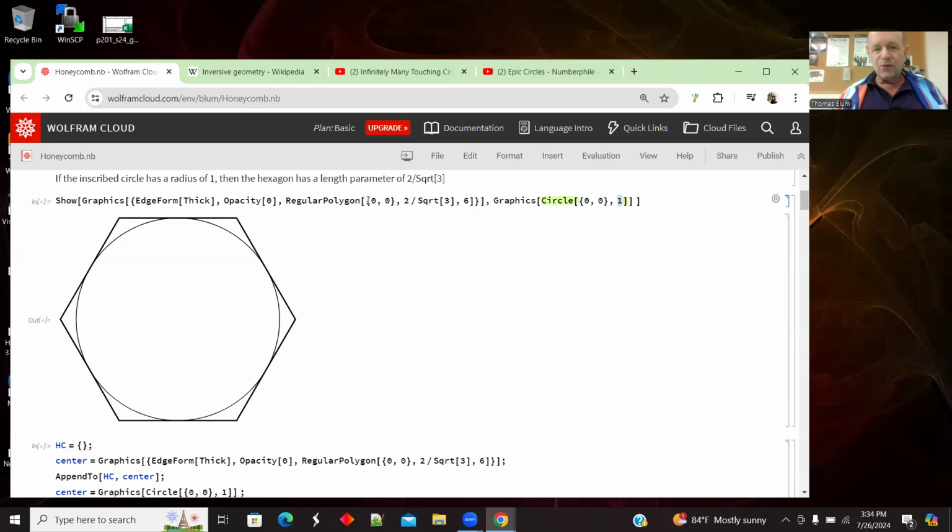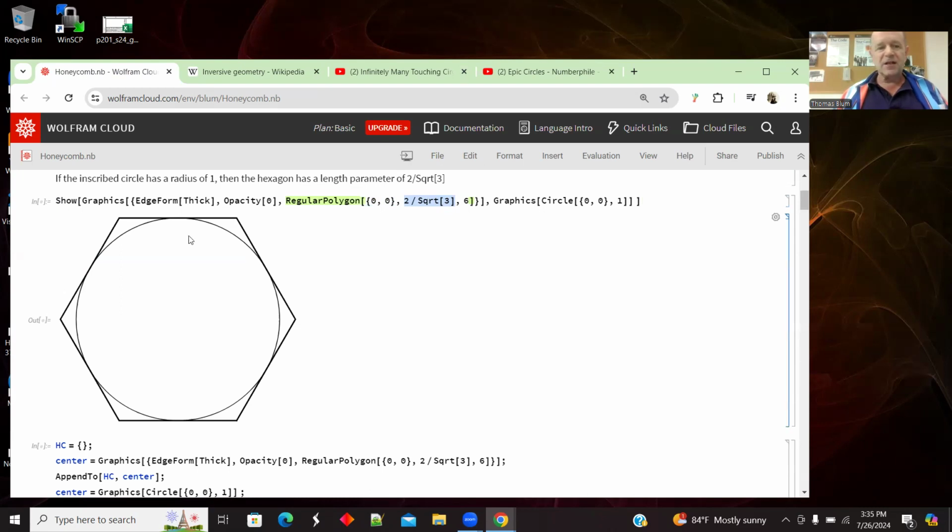The hexagon is a regular polygon. Here, the 6 is making it a hexagon. This, just like in the circle, is the center of the regular polygon. And then the length parameter here is the distance from the center, the origin, to the farthest point.